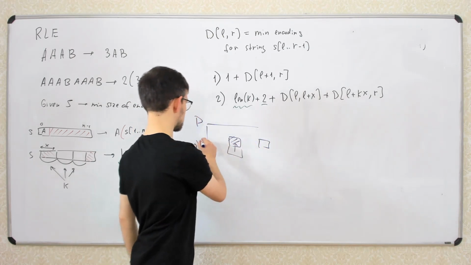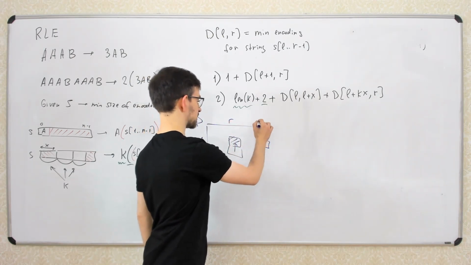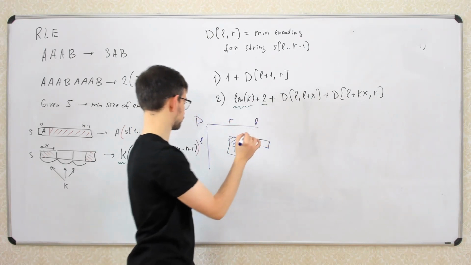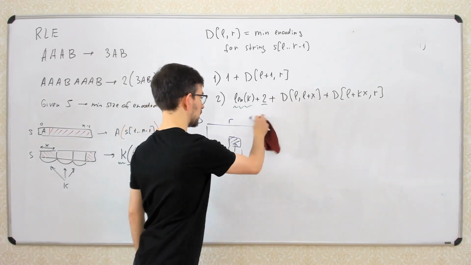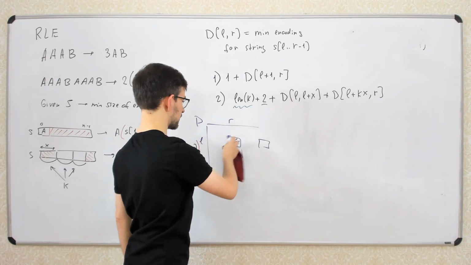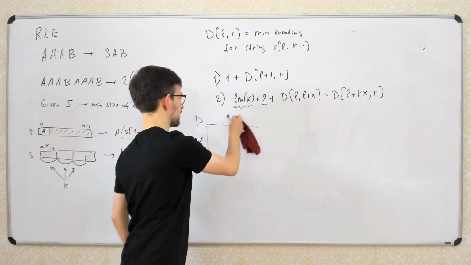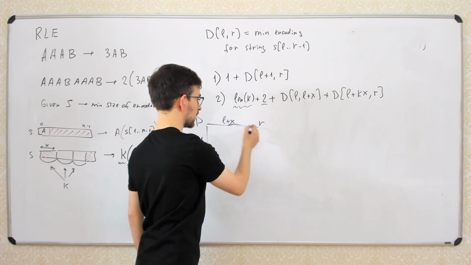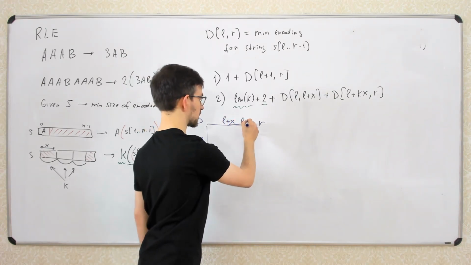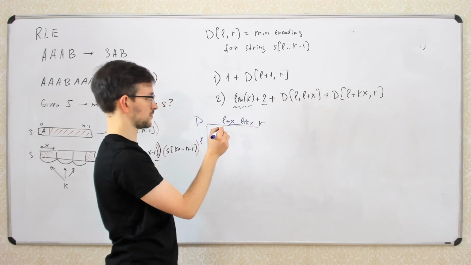This is L, this is R, this is L. No, my bad. L plus X is less than R, right? Let's write it correctly. This is R, this is L plus X, right? This is L plus KX. Not here.